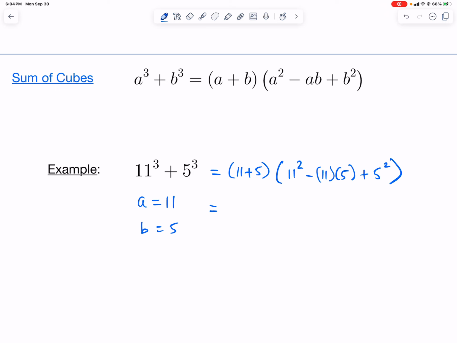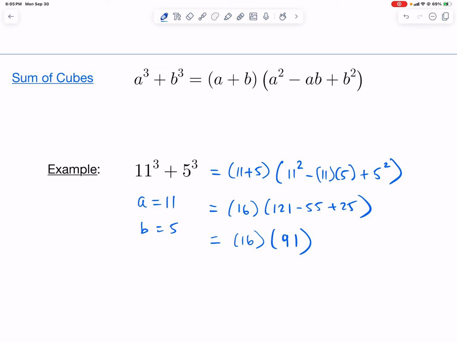If we go ahead and multiply that out, that's going to be 16 times 121 minus 55 plus 25. And if we continue to simplify what's inside the second parentheses, we're going to get 16 times, I believe it's 91.